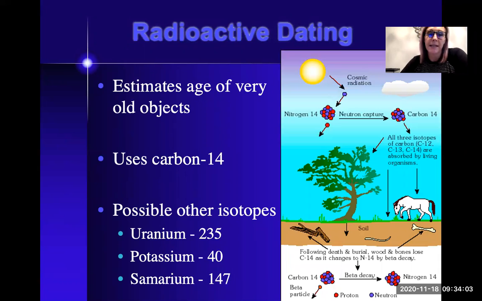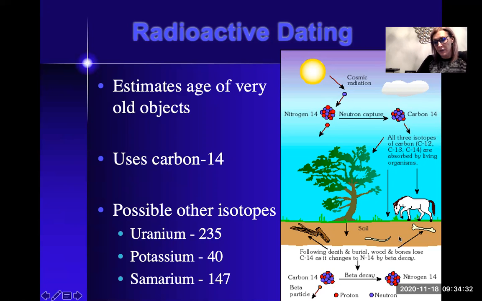So radioactive dating estimates the age of very old objects. It uses a substance called carbon-14. Other possible isotopes are uranium-235, potassium-40, and samarium-147. In our atmosphere, we have nitrogen-14. In all living things, we have all three carbon isotopes: carbon-12, carbon-13, and carbon-14.